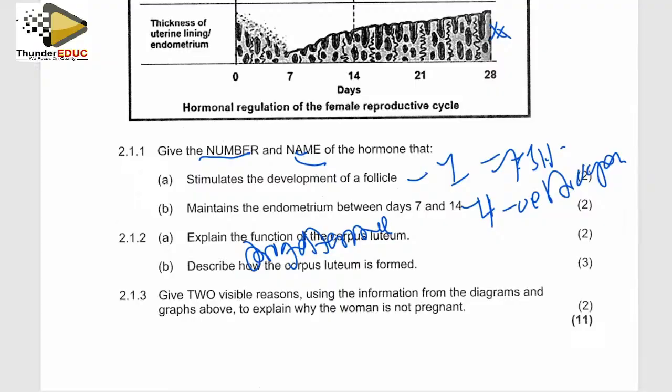By making the endometrium thicker, more vesicular, and more granular. So the function of corpus luteum is to produce progesterone. You understand? I think that's 1 mark. Then you tell us the function of progesterone, which is to make the endometrium thicker, more vesicular, and more granular.